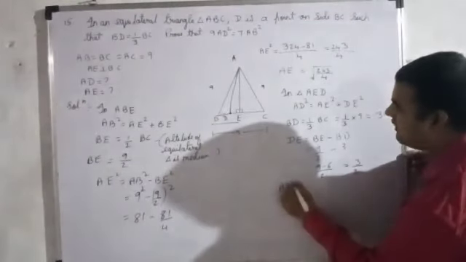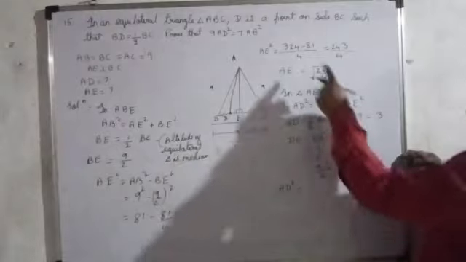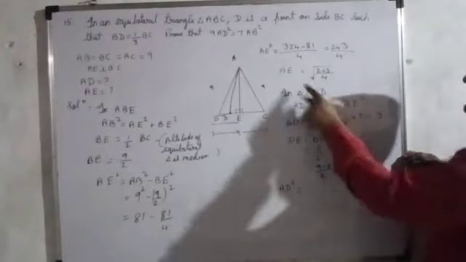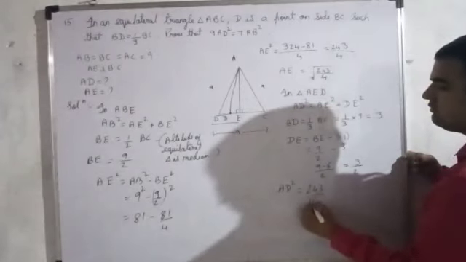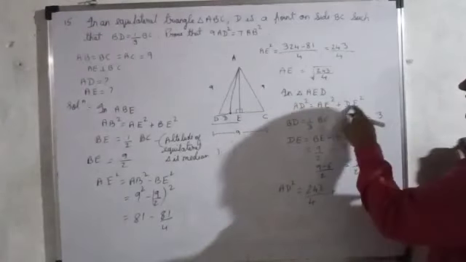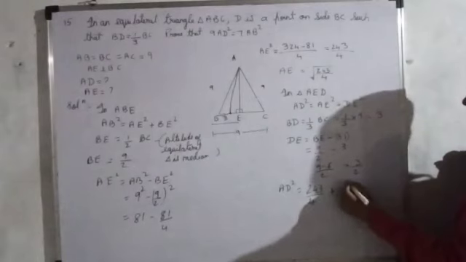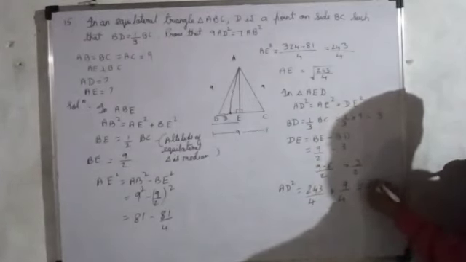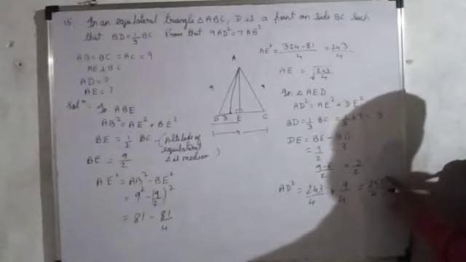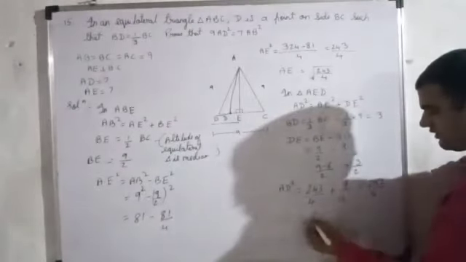AD square equals AE square as it is. AE square is 243 upon 4 plus DE square. So 3/2 square is directly 9/4. Add this, it's 252 upon 4. And if you divide 252 by 4, you will get 63.